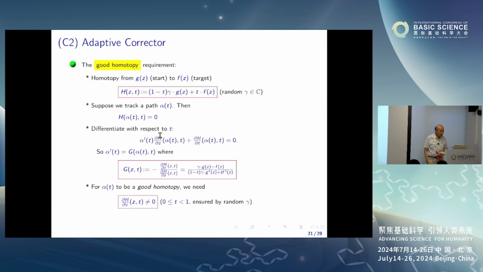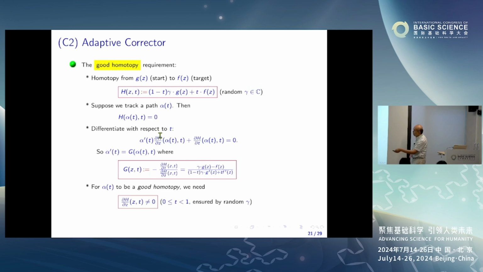Well, I don't want to go into the geometry of a good homotopy. Basically, as you track the path, let's say the path is alpha of t, it satisfies the H equation we started out with. And if you differentiate with respect to t, you get this. And now you get an expression for alpha prime, the derivative of alpha, and it's equal to g of alpha of t at t, which is this expression.